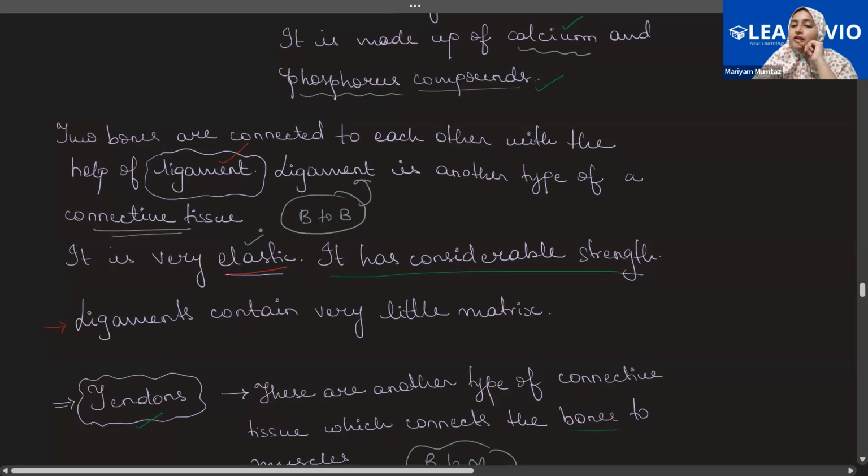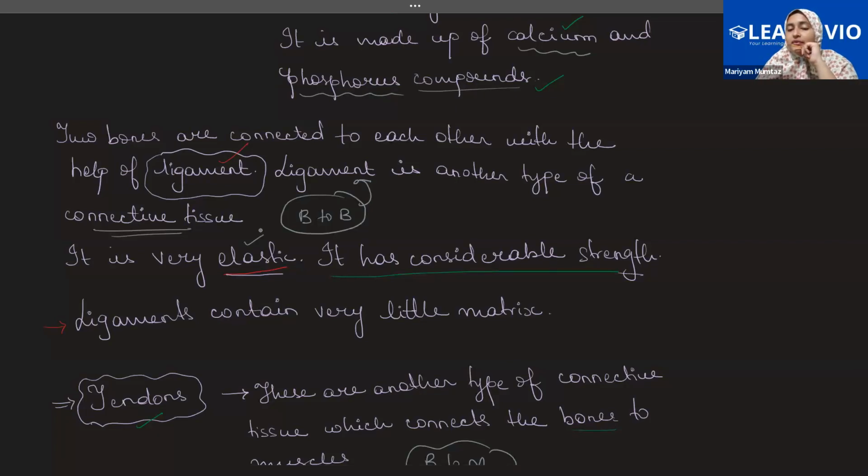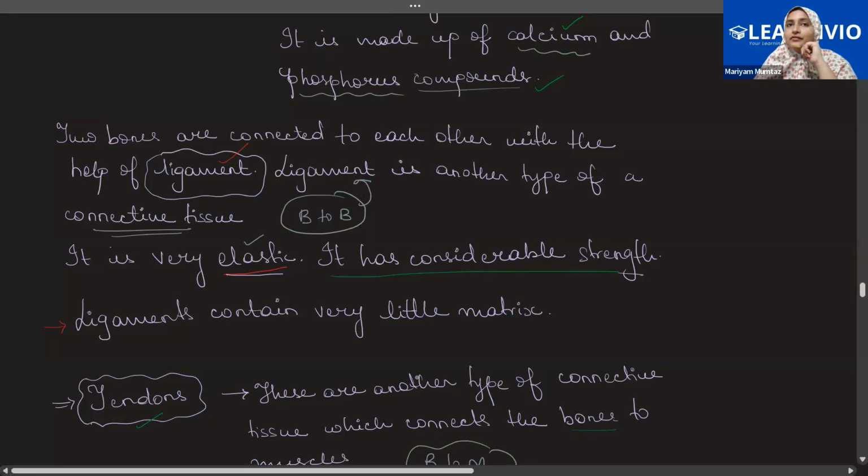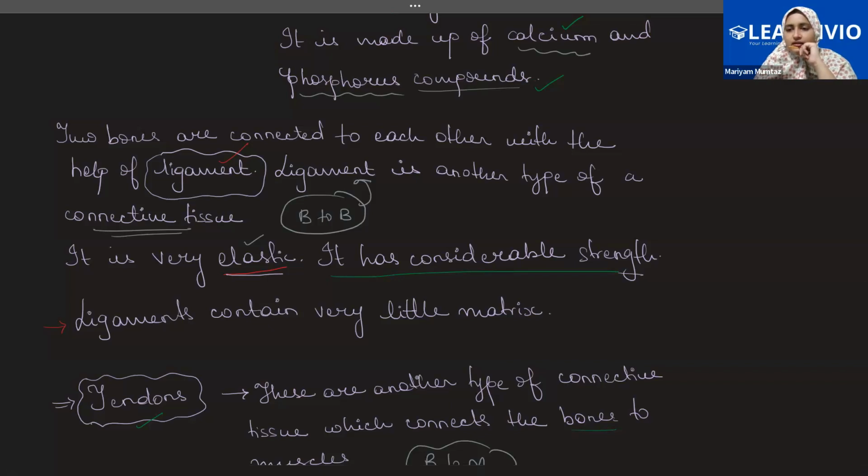Now, have you ever heard about some people injuring their ligament, tearing it? Have you seen the visual of it? Okay, wait. See, wherever the ligament breaks, it doesn't break very easily.